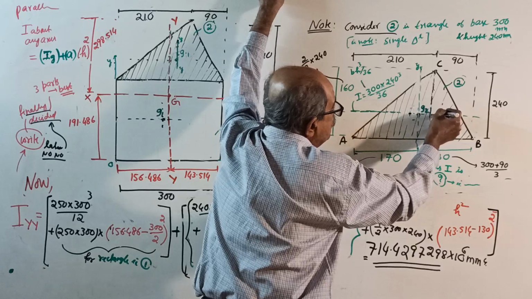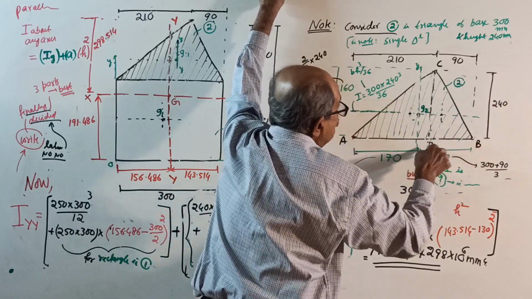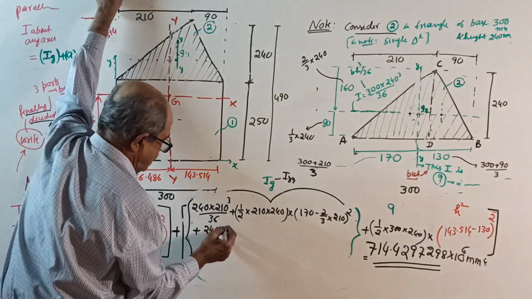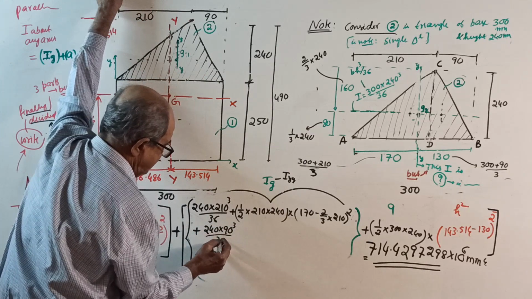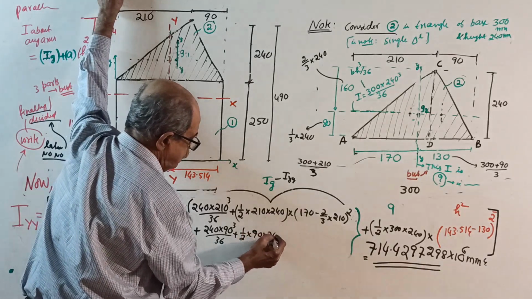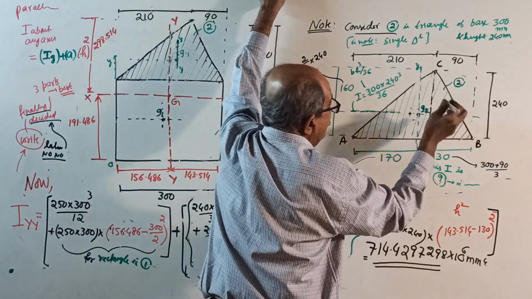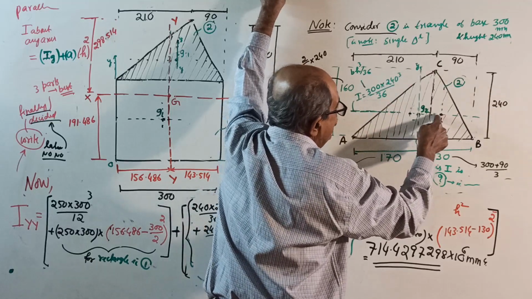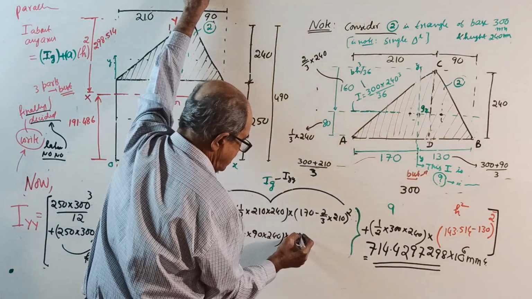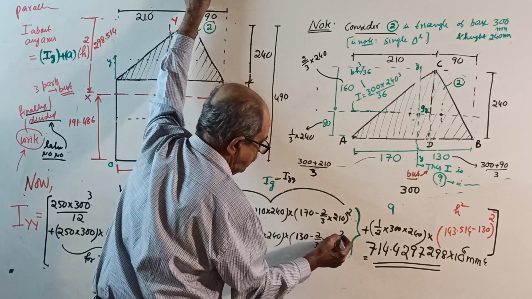First, I about its own axis for this triangle is how much? 240 into 90 cube by 36, plus half into 90 into 240, which is the area, into the distance from this centroid to here squared, that is 130 minus 2/3 of 90 whole square.